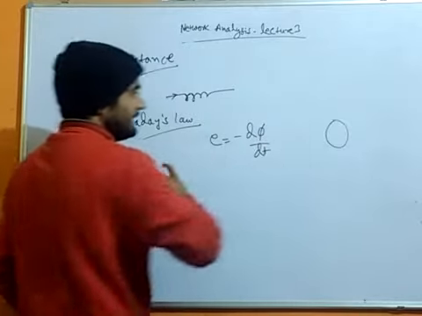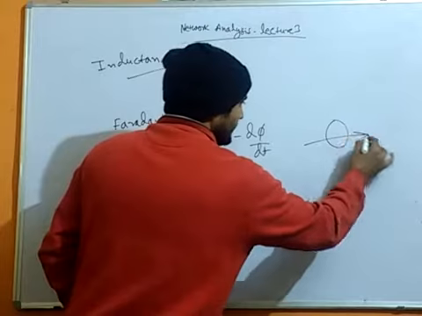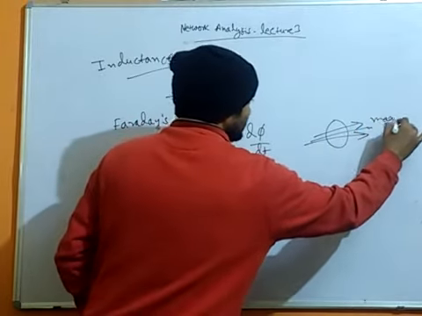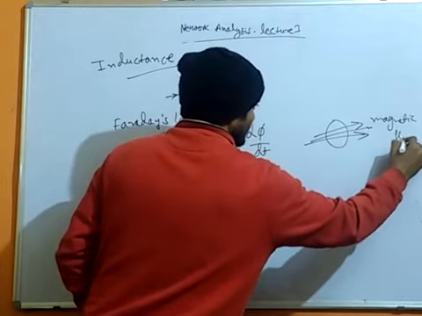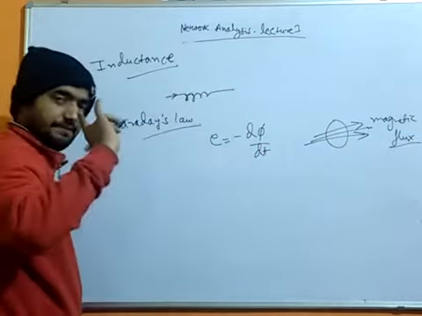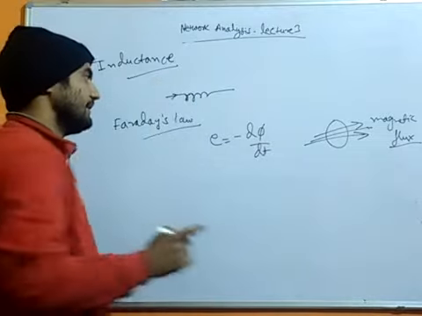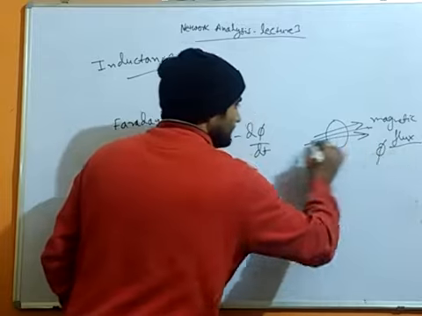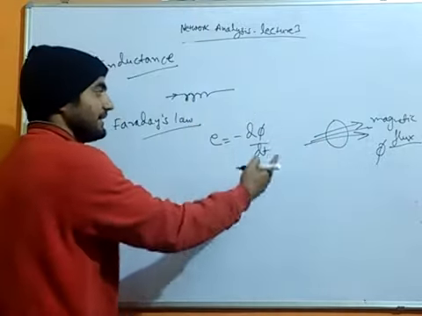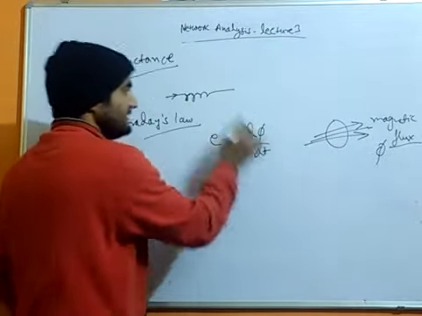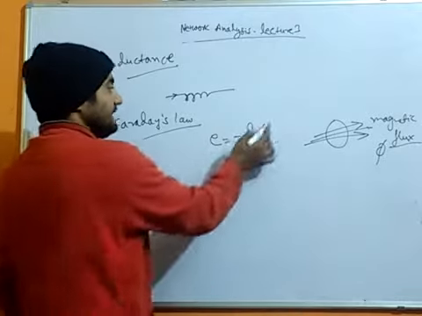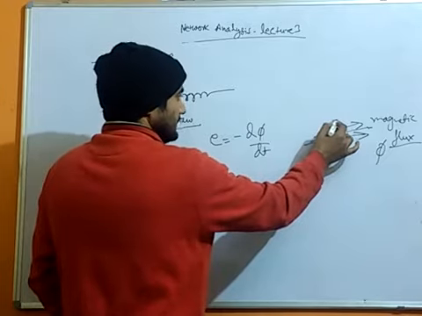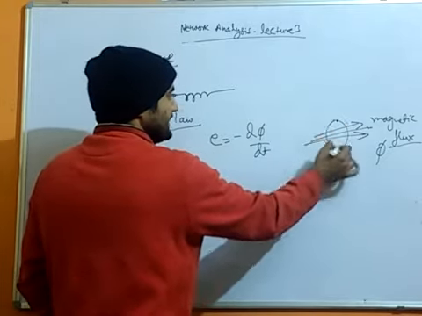If I am taking any coil and magnetic flux is passed through it, we will learn it in detail in electromagnetics, but here we just have to understand that if magnetic flux is passed through it, and that magnetic flux is changing, meaning d phi upon dt, then the coil experiences an EMF across it.